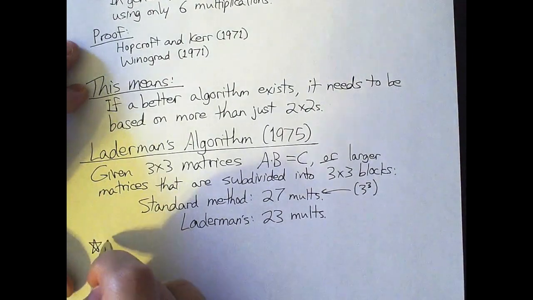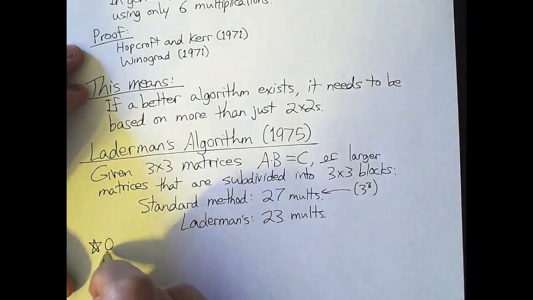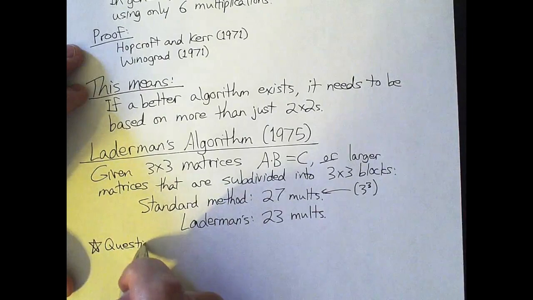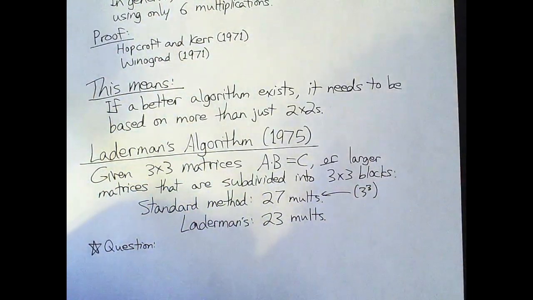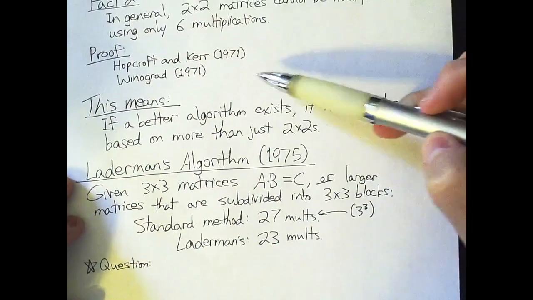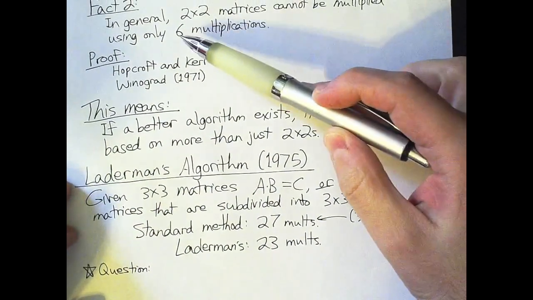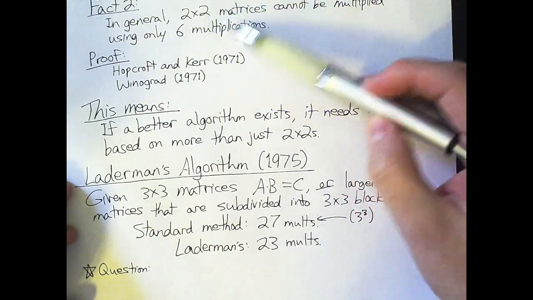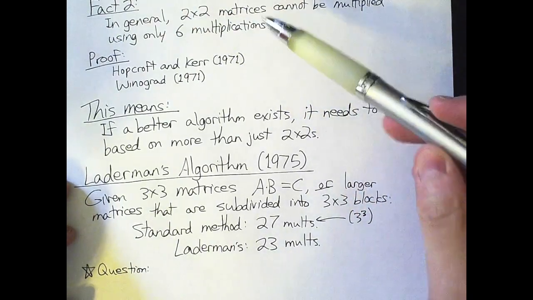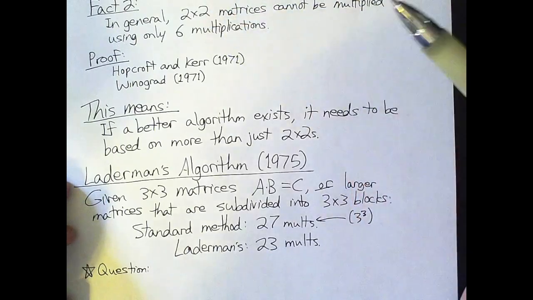Here's a question. All right, so here's where we're at with Strassen's algorithm. That does it in 7 multiplications. And then we had fact number 2 that said it actually can't be done using only 6. So that was kind of the end of the search for 2x2 algorithms.